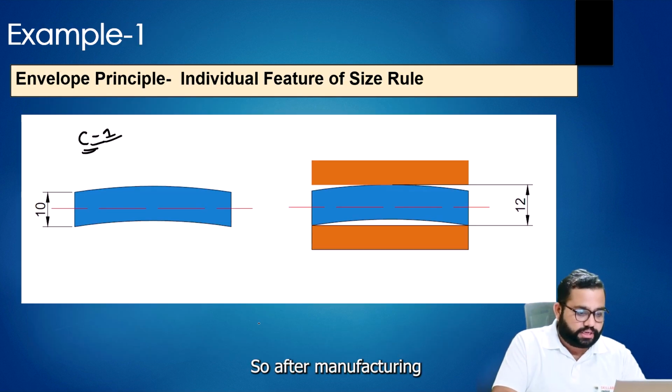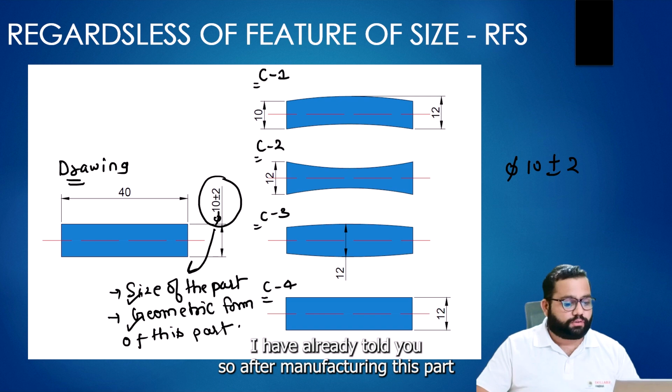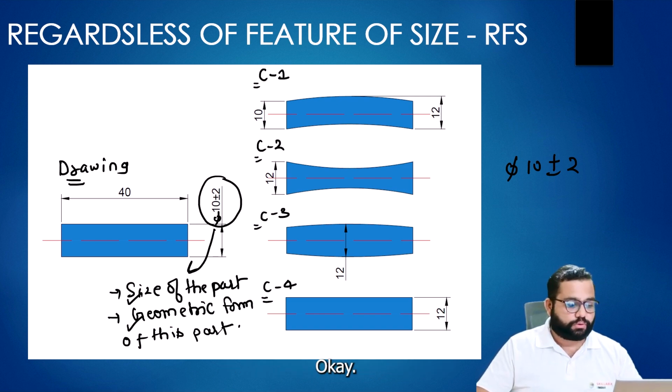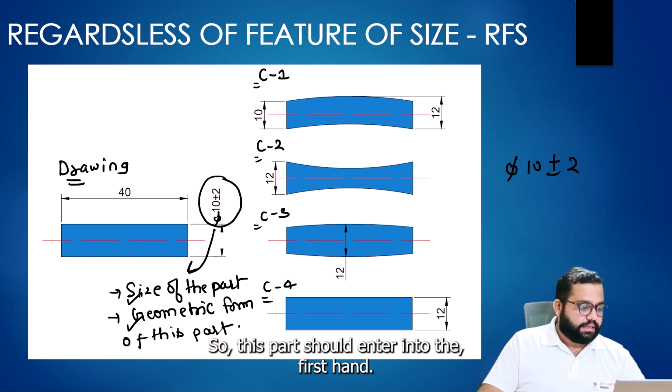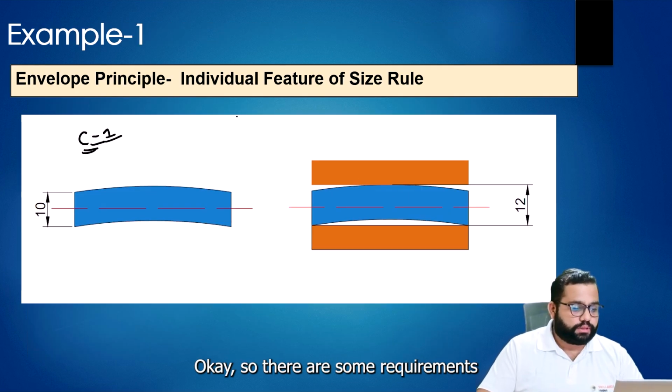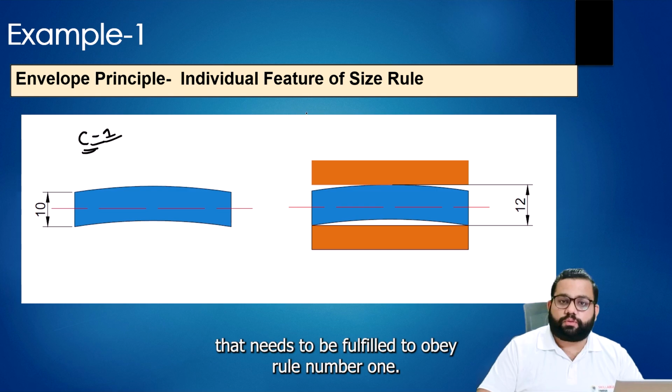After manufacturing this part, we can manufacture this part in many ways. So there are some requirements that need to be fulfilled to obey rule number one.